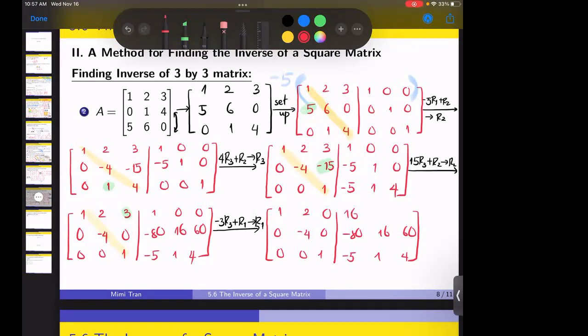I feel nervous, I don't know why. These are so long. I know, -3 times 1 is -3 plus 0 is -3. And then -3 times 4 is -12 plus 0 is -12.